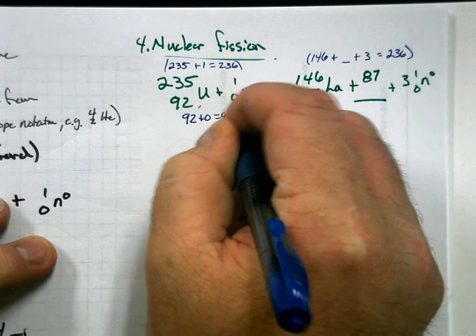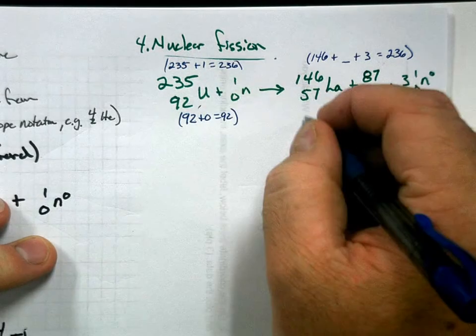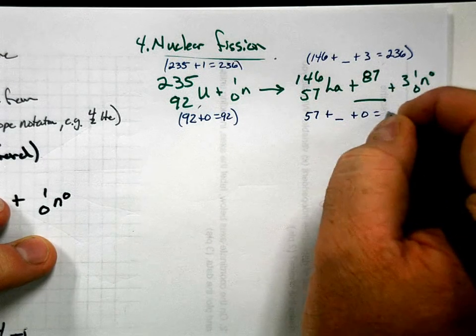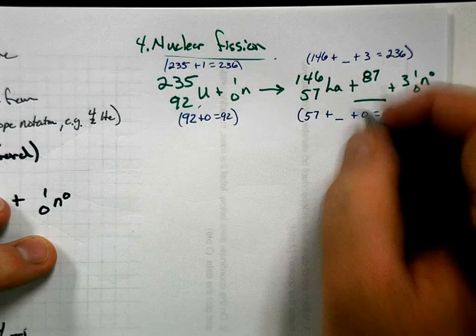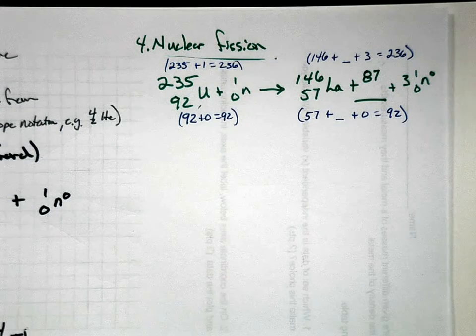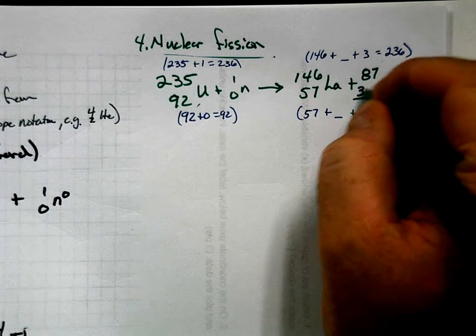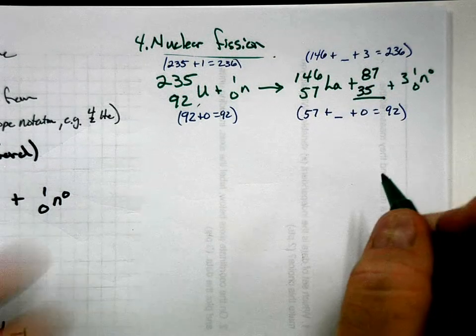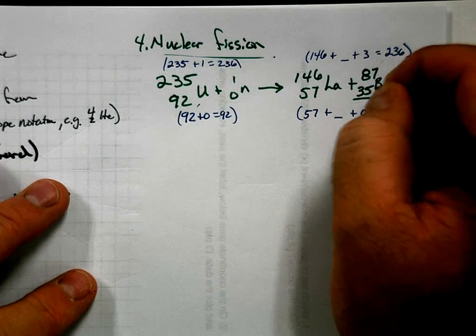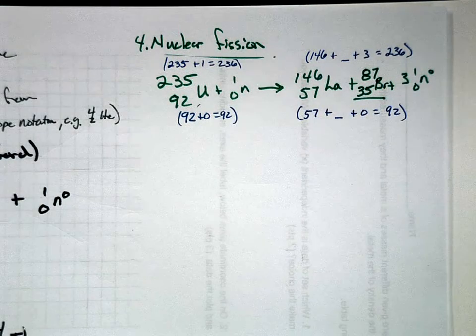Here we have 57 plus what plus 0 equals 92. 35. Okay, you go to the periodic table, you find number 35, you see that it is bromine, and this is your nuclear fission equation.